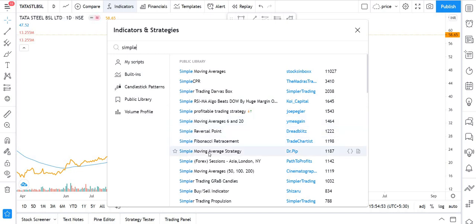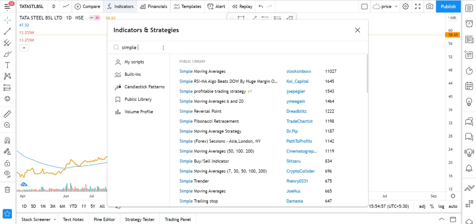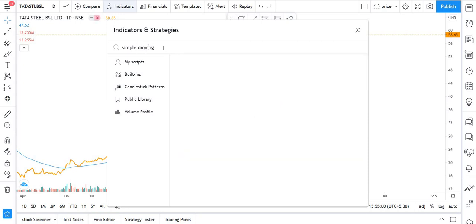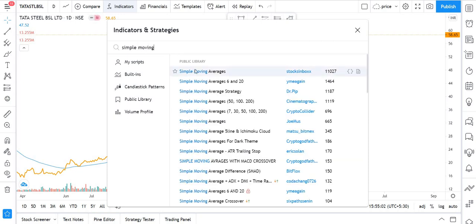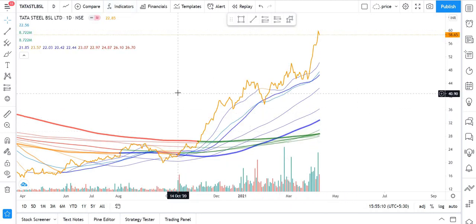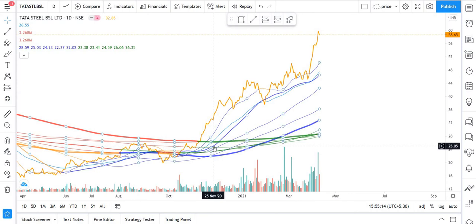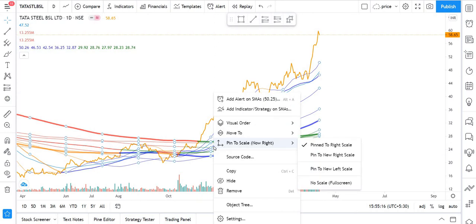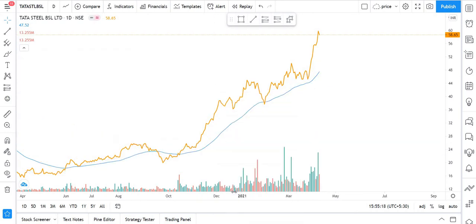We don't need this other one, so let me remove it.